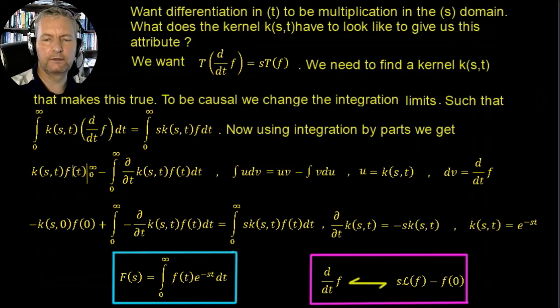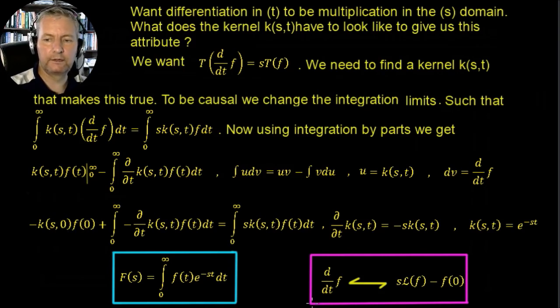Okay, so that means that this thing here is going to equal 0 whenever t tends off to infinity, and then we have minus the value of this whenever we put 0 in for t. So it's going to be minus f(0) k(s0). Now k(s0) is just e to the minus st, so whenever t is 0, that's just going to be a value of 1. So it's just going to be 1 times f(0), which is just f(0).